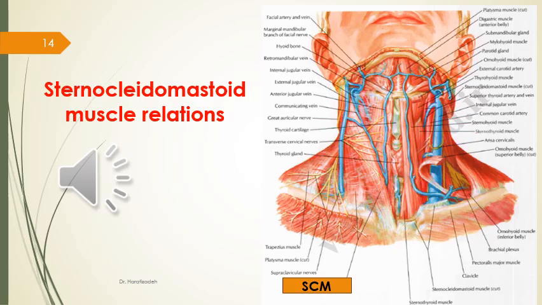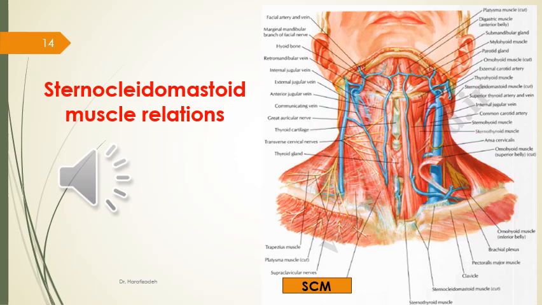Just external to the sternocleidomastoid or SCM, as you can see in the image, is the external jugular vein along with the great auricular nerve, the transverse cervical nerve, and others you can see in the picture. The supraclavicular nerves also emerge just external to the sternocleidomastoid. On the medial side, the structures of the carotid sheath are known. They lie deep to the sternocleidomastoid, and we see the carotid sheath again in this region.